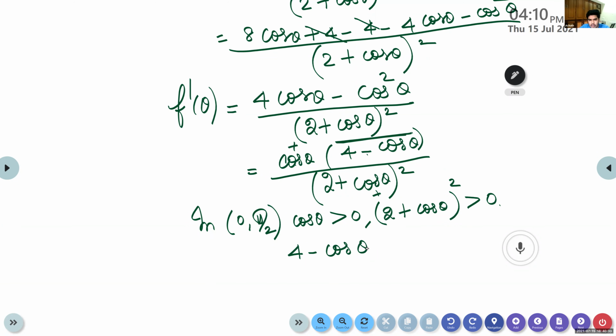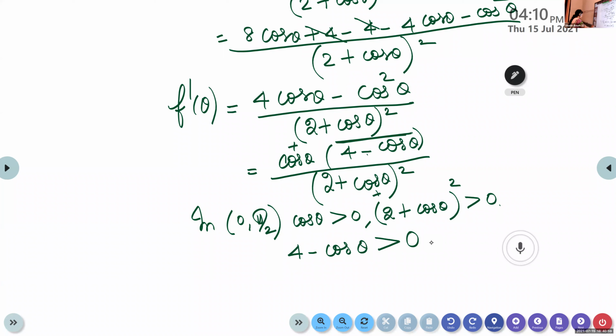Maximum is 1, minimum is 0. If I give the maximum value, 4 minus 1, will it be positive or negative? Positive. If I give the minimum value also, it is positive. So 4 minus cos theta is also positive. Yes or no? So all the factors are positive.